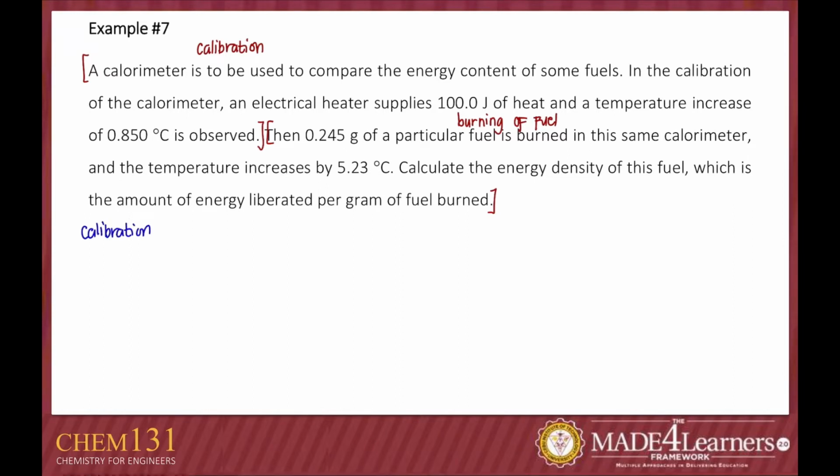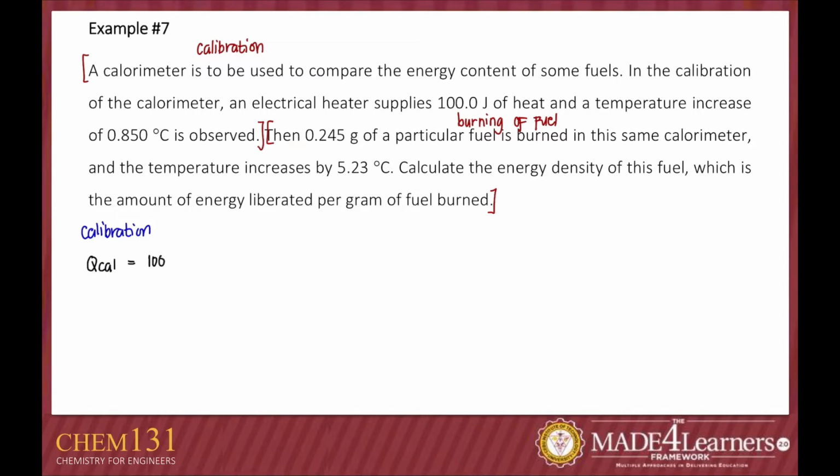It says here that 100 joules of heat is supplied. Using an electrical heater, 100 joules of heat is applied to the calorimeter. So if this amount of heat is applied to the calorimeter, then this is the amount of heat absorbed by the calorimeter. So this is Q cal.